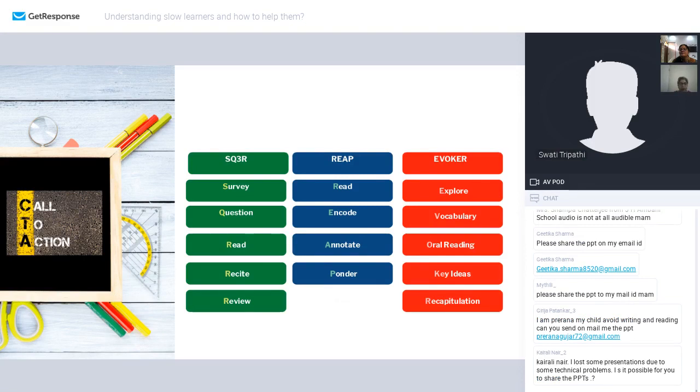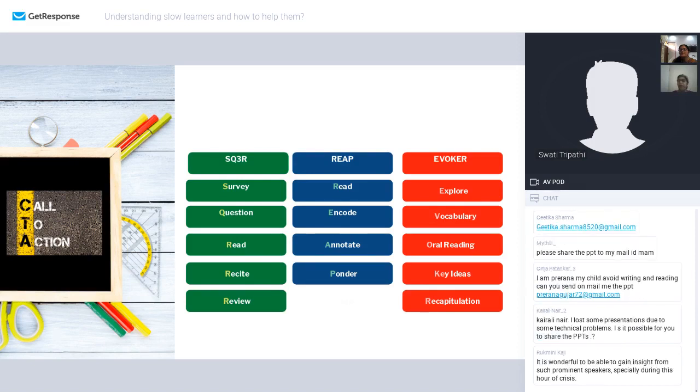Now, looking at all these aspects, to sum up, what do we need to do actually? We need to develop lessons to incorporate the interest, needs, and experience of the slow learners which you are dealing with. Then you have to frequently vary your instructional technique.